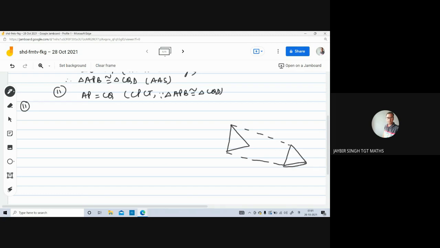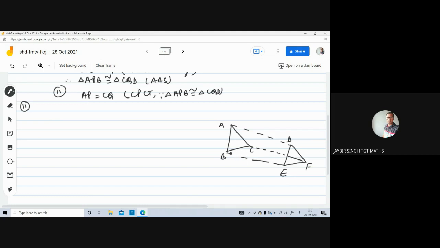Here we have these two triangles, A, B, C, and this is D, E, F. C and F are joined.